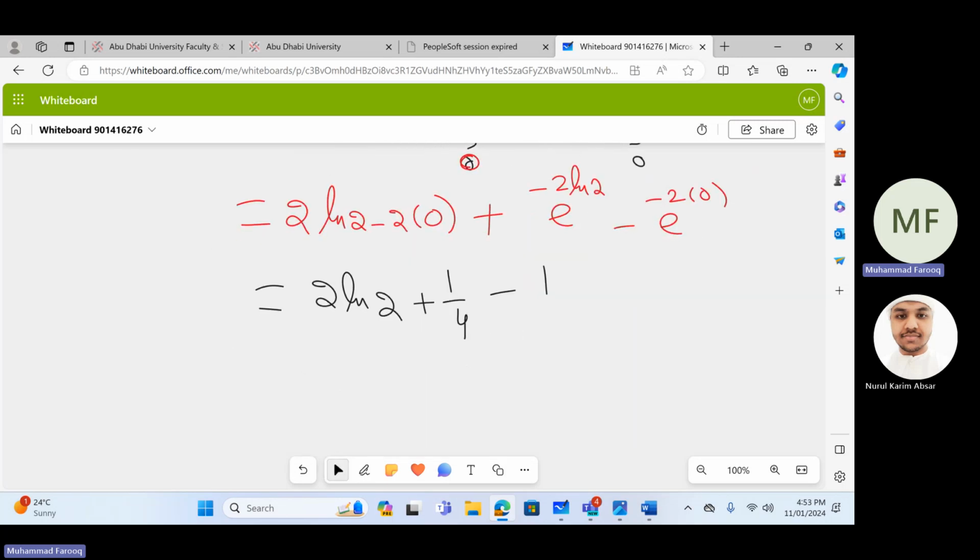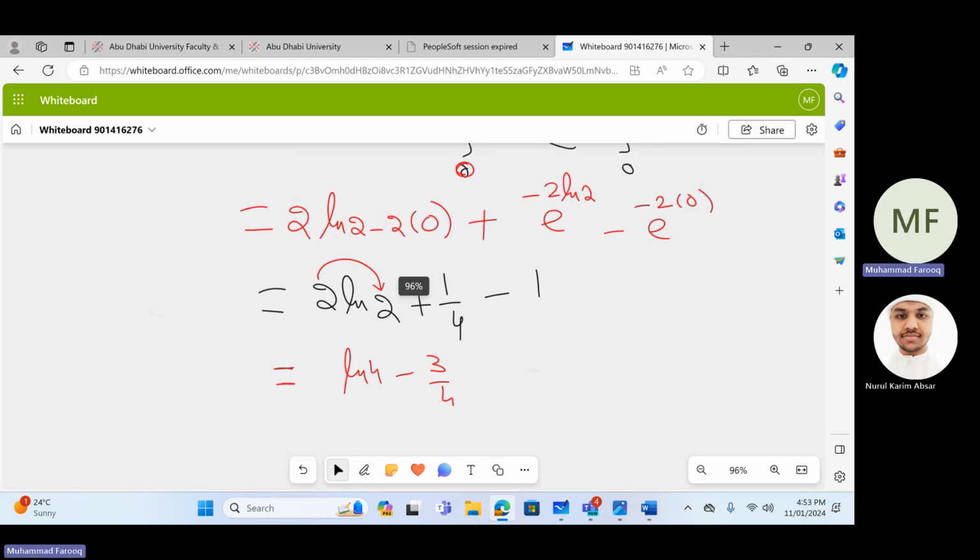How much? I think in your book, they moved this to a power, I mean, they said it is ln what? 4. 1/4 minus 1 is -3/4. That's it.